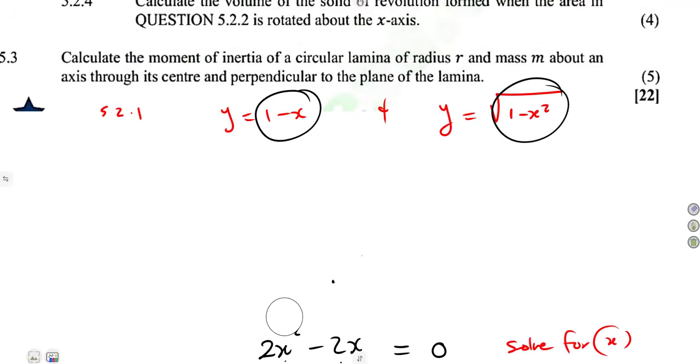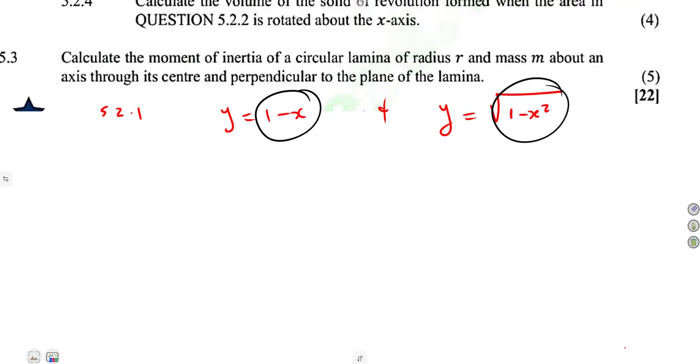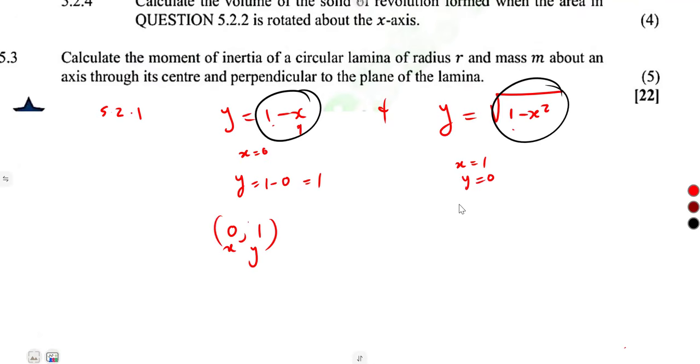For the value of x, which is equal to 0, we can substitute in any of these two equations. So when x is equal to 0, y is equal to what? Put a 0 there. 1 minus 0, that's 1. So that's a point 0, 1, a point x, y. We move on to another value. When x is 1, substitute 1 here. y is equal to 0. So that's a point, 1, 0.